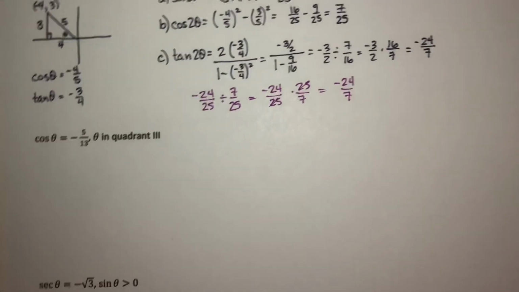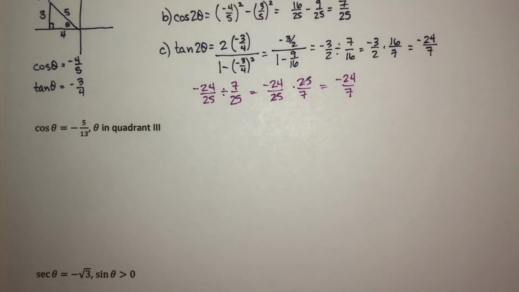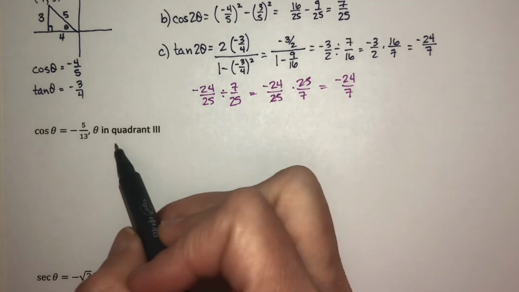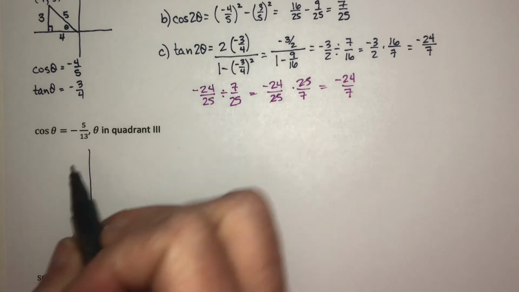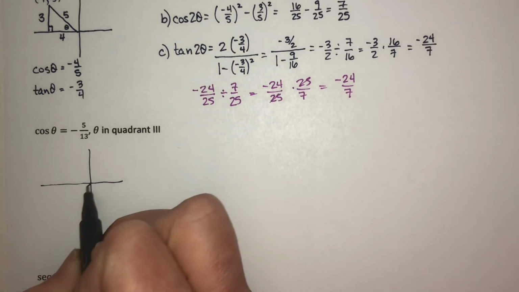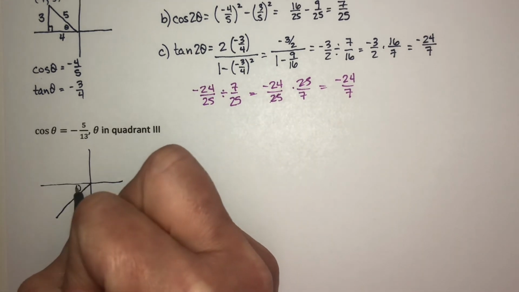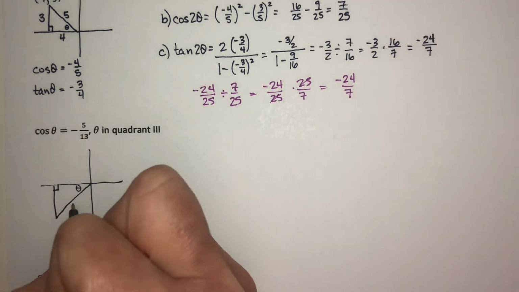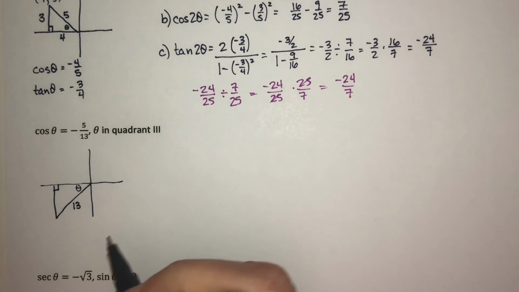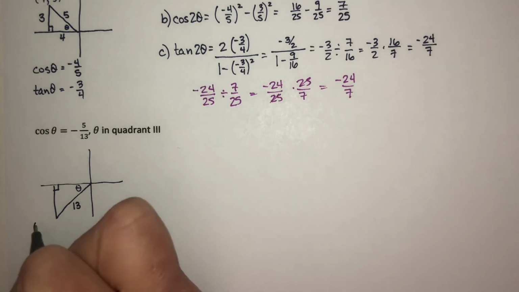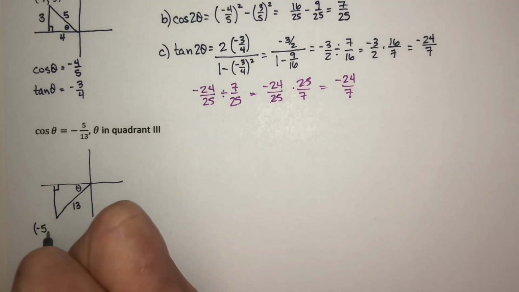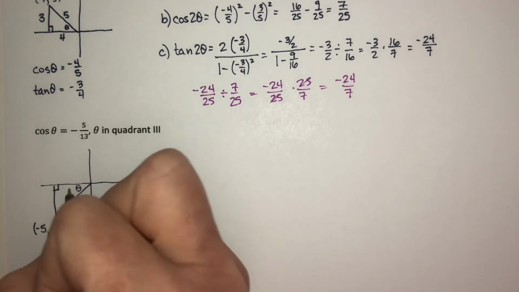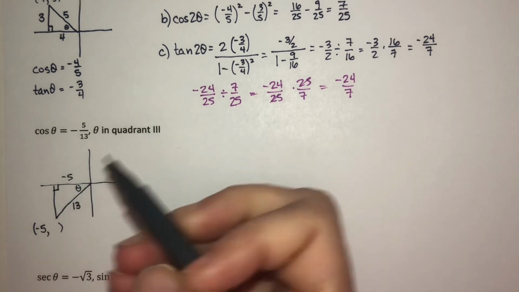Okay, so let's do cosine of theta is -5 over 13, and my angle is in quadrant 3. So I'm down here. That's theta. This is going to be 13. This is going to be -5, and so this is -5 here.